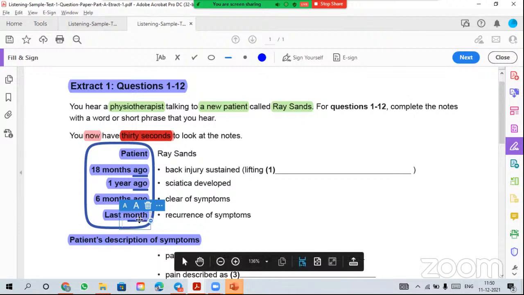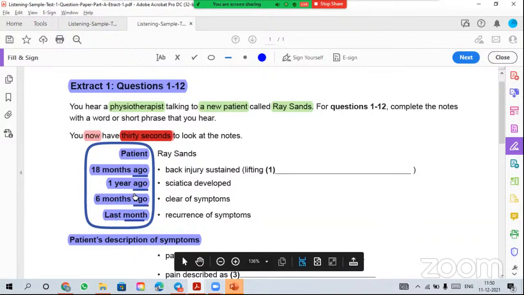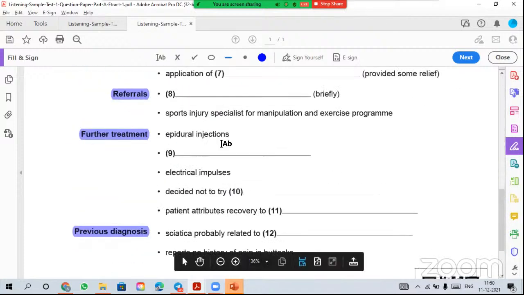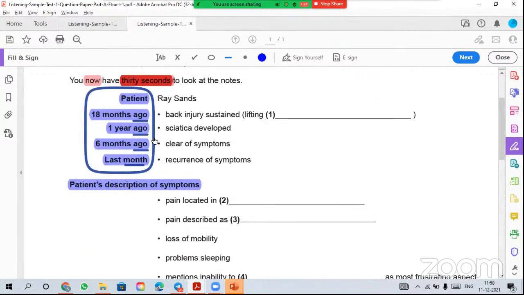Now see here, I told you known to unknown. The information the patient knows comes first, the known things. Then these are unknown things, further treatment. So like this, known to unknown, everything will be in a systematic manner and you will understand.